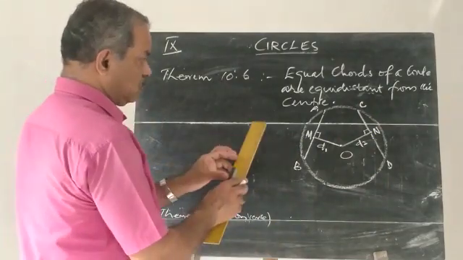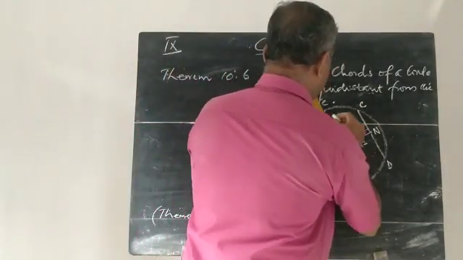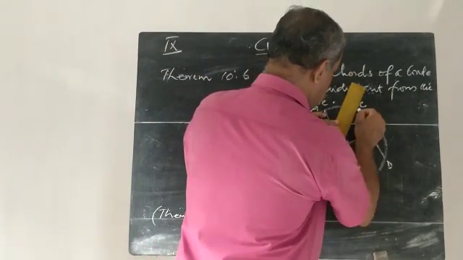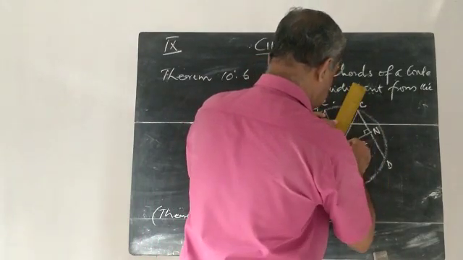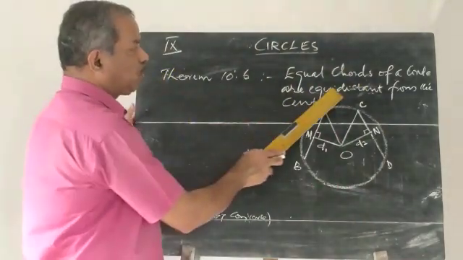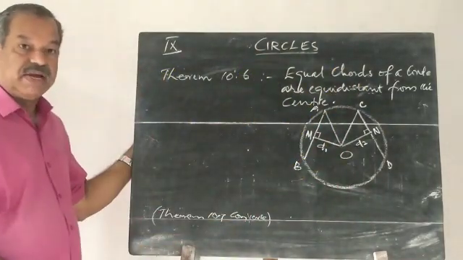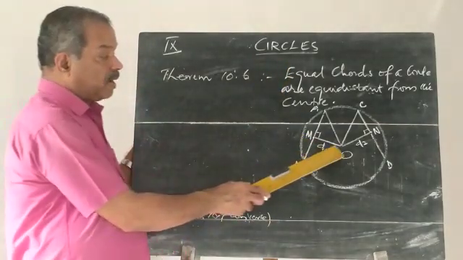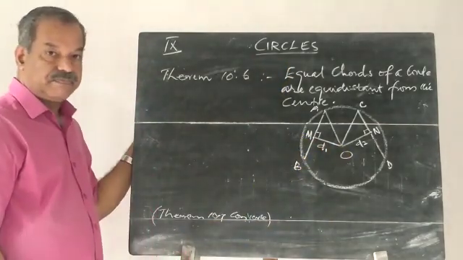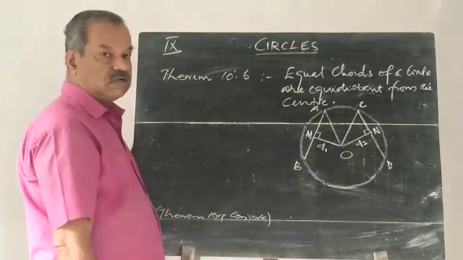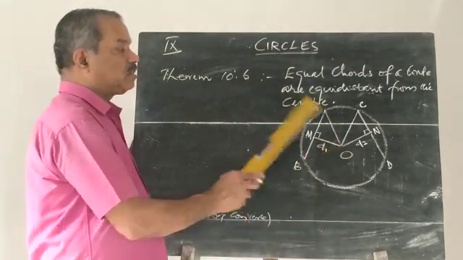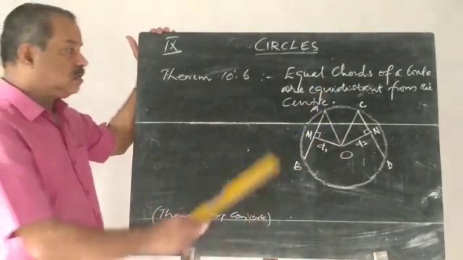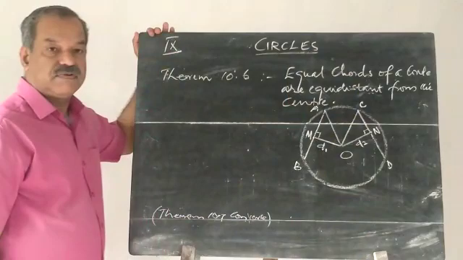To show this, join AO and BO. Here AO and CO. Equidistance, same distance from the center to the chord, means perpendicular distance from the center to the chord, and it is the shortest distance from the center of the circle to the chord.